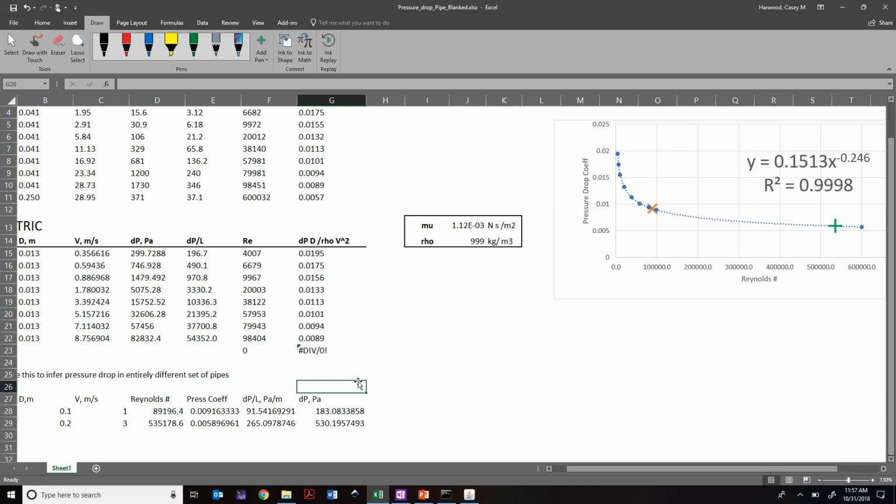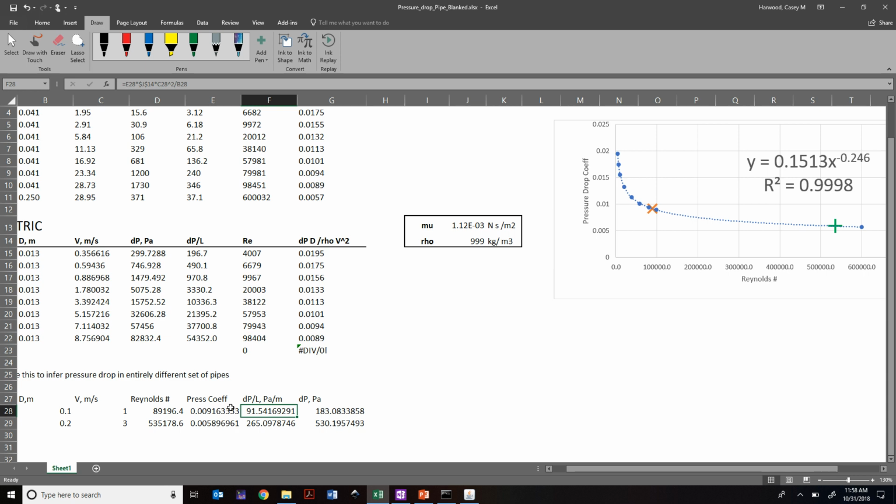So that gets us this pressure drop coefficient, the pressure drop per length times D over rho v squared. Because we know all the other quantities in there, we can calculate the pressure drop per unit length by taking this value, dividing by D, and dividing by rho v squared.